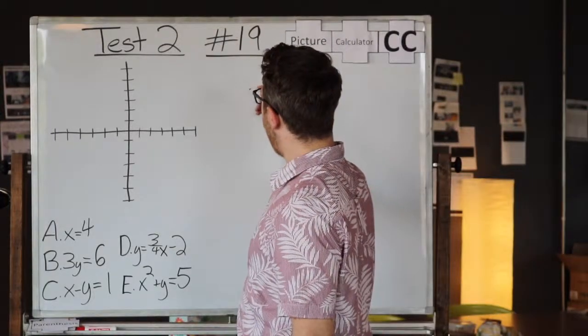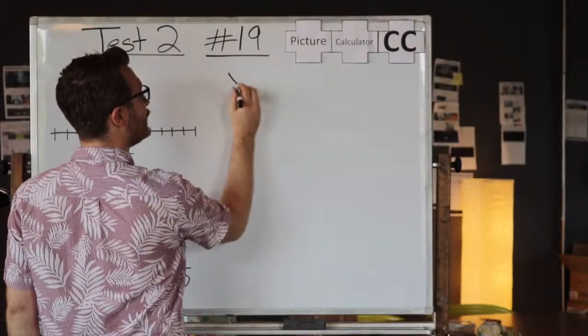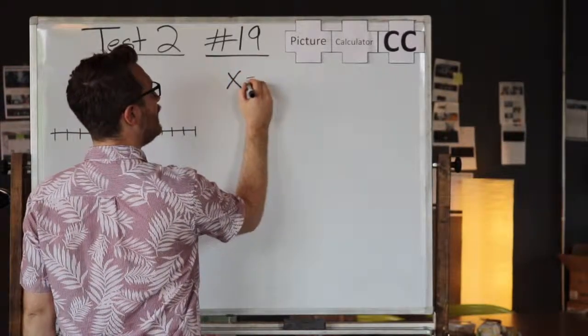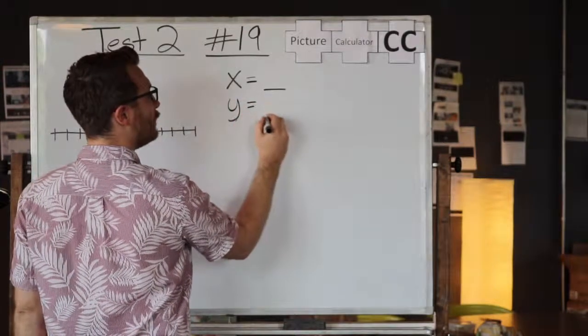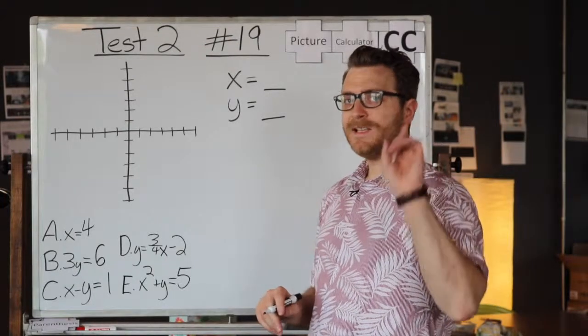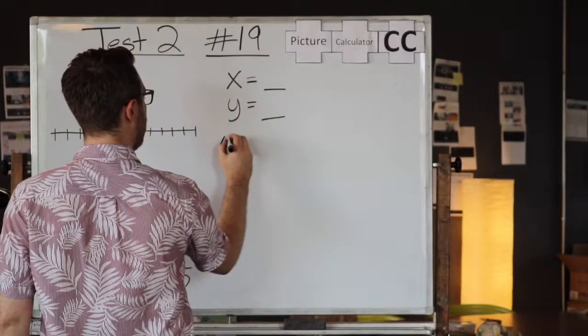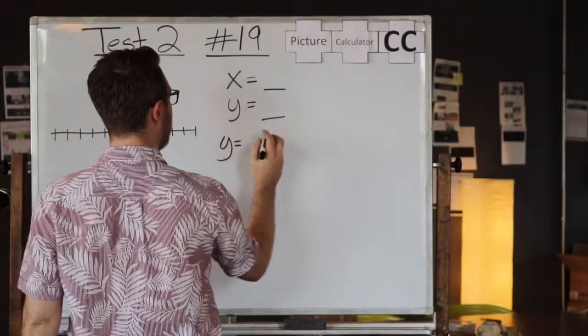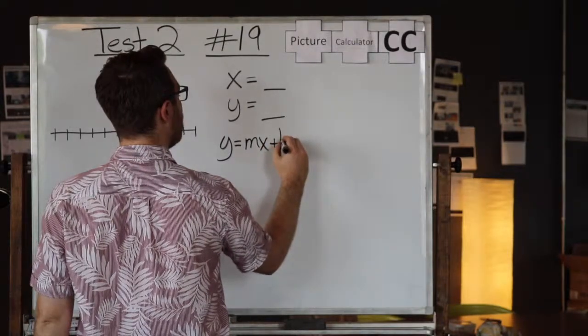Now, a good definition of a line in an equation: a line has to be simply in the formula x equals something, y equals something, or more complexly, slope-intercept formula. And we all know this one from way back in the 7th or 8th grade, y equals mx plus b.